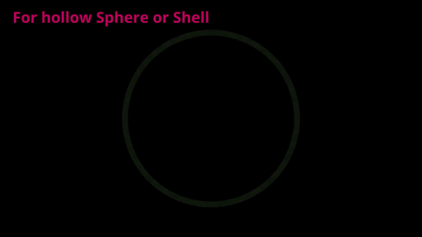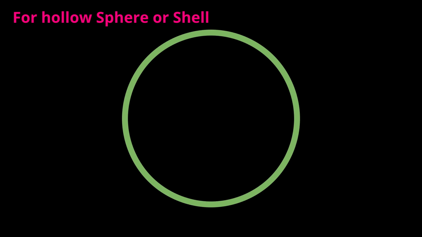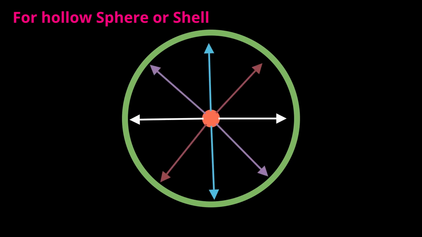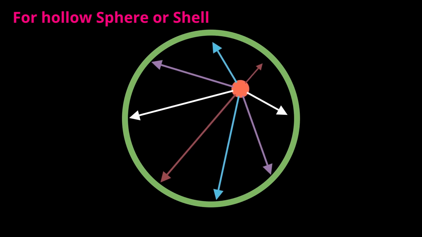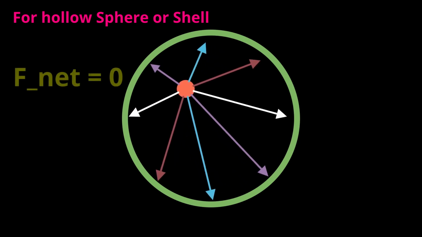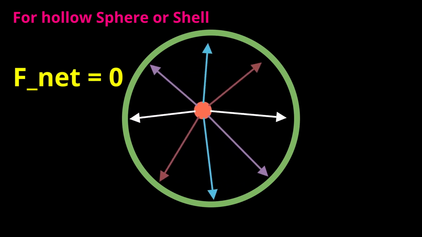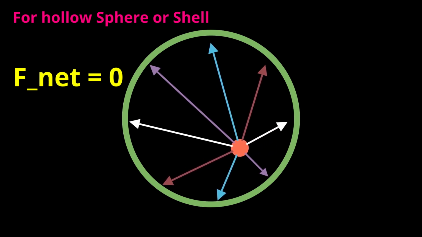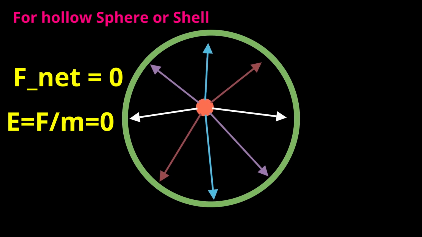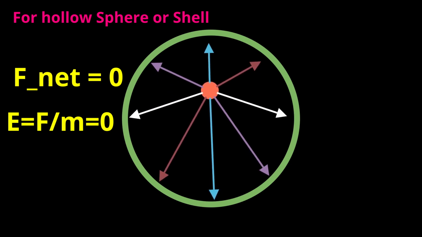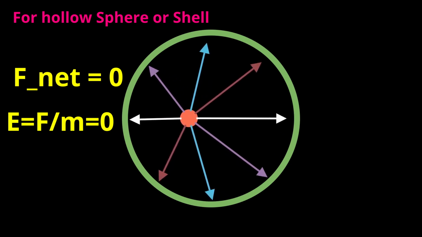Suppose the Earth is hollow, or let's consider any spherical shell. If any object is placed inside a spherical shell, the forces of attraction from all directions will cancel each other and net gravitation force will be 0. So if gravitation force F inside a shell or a hollow sphere is 0, therefore gravitation field strength capital E must also be 0.